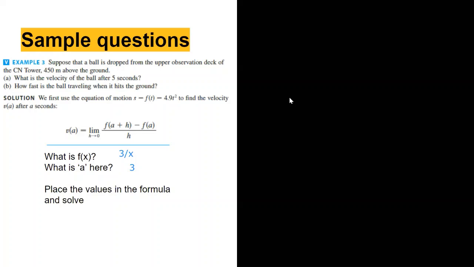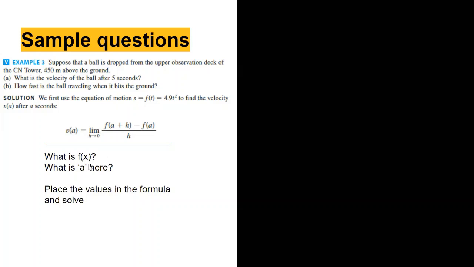Another question that would come up would be in terms of velocity. As it might come forward, the velocity is actually the derivative of distance with reference to time. So in these questions, our f of x in this case would be the value of time, and the function would be the way distance has been explained.